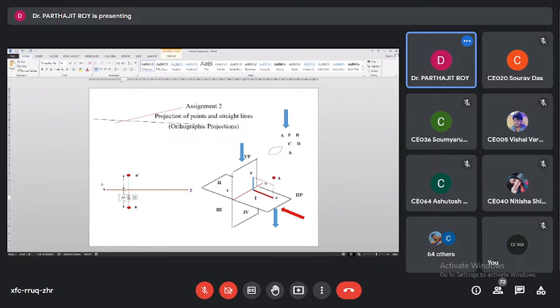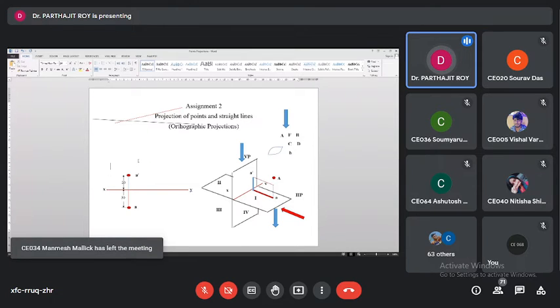Again, we'll just write 20, no millimeter, nothing, okay? So you are writing 20 here. So this completes your projection of point A.